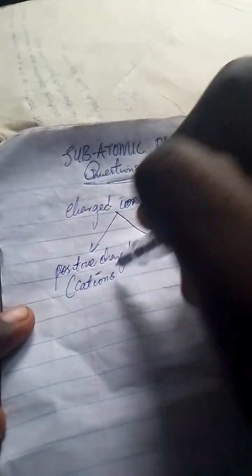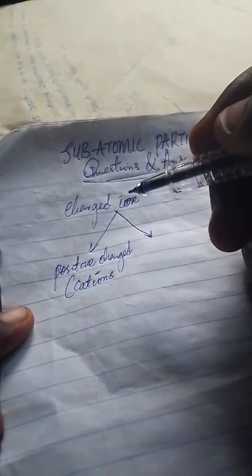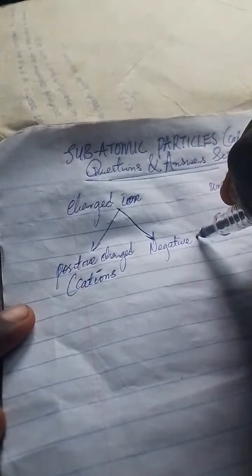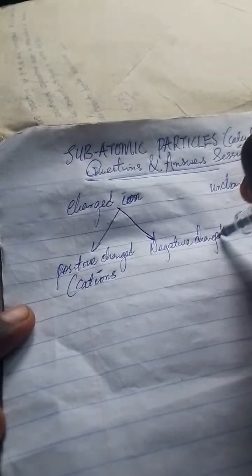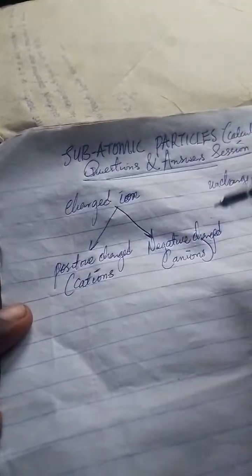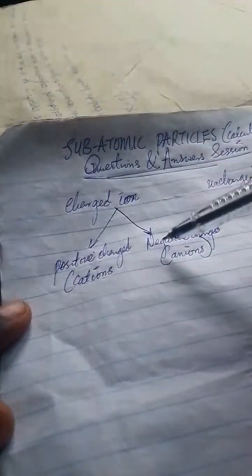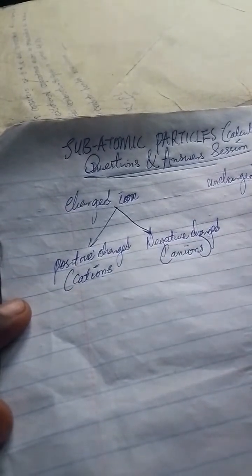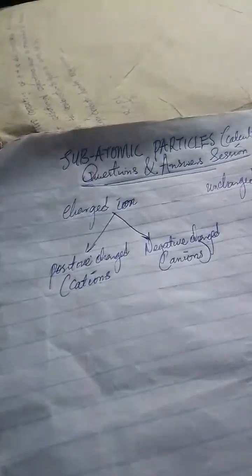I was trying to see if I could get it from the live chat. It's called a cation. You also have a negatively charged ion, and negatively charged ions are called anions.